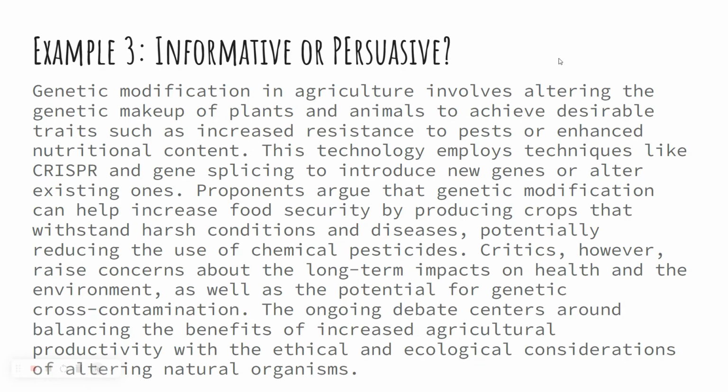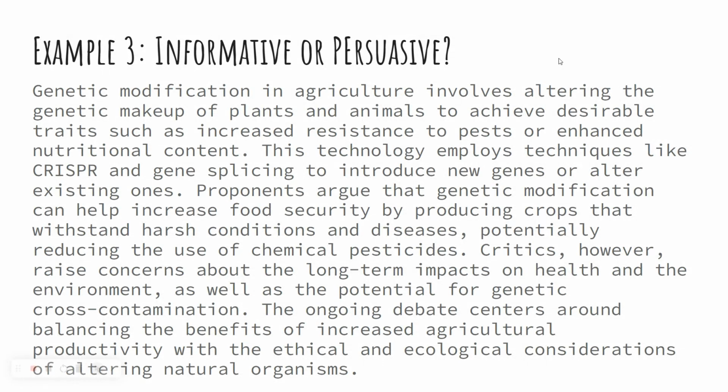Genetic modification in agriculture involves altering the genetic makeup of plants and animals to achieve desirable traits such as increased resistance to pests or enhanced nutritional content. This technology employs techniques like CRISPR and gene splicing to introduce new genes or alter existing ones. Proponents argue that genetic modification can help increase food security by producing crops that withstand harsh conditions and diseases, potentially reducing the use of chemical pesticides.